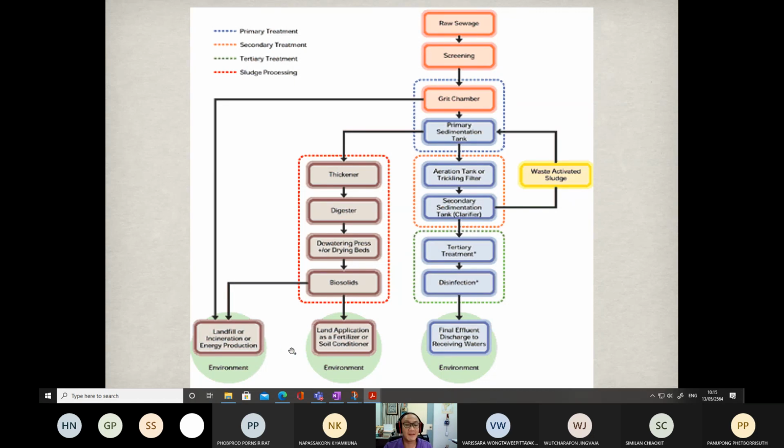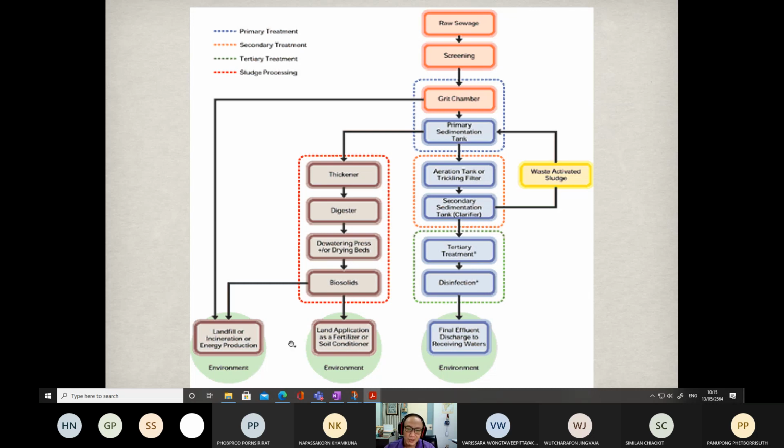According to the definitions of municipal solid waste, there are various kinds of waste, but one type of waste which is also considered as municipal solid waste is the sludge from the sewage treatment plant. So sometimes we consider this as municipal solid waste.